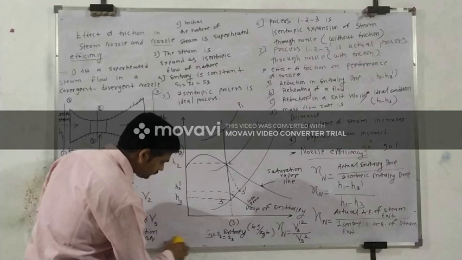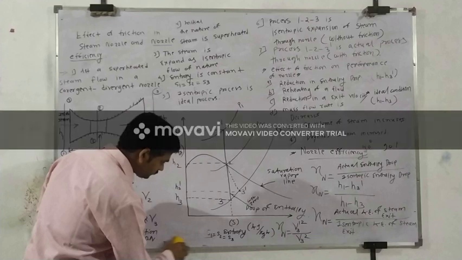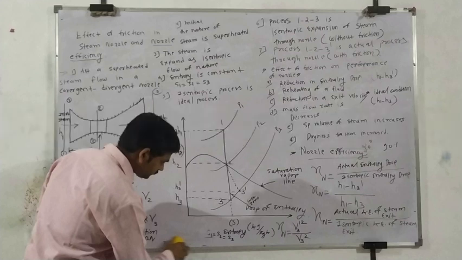And last definition is coefficient of discharge. Last definition. Very easy definition. I write down here. Coefficient of discharge. It is shown by the letter CD.